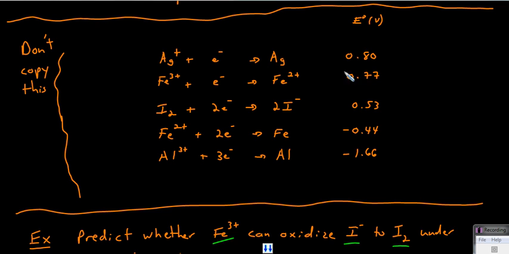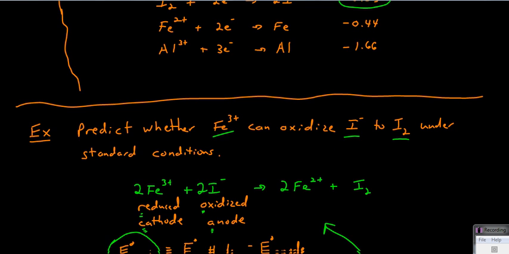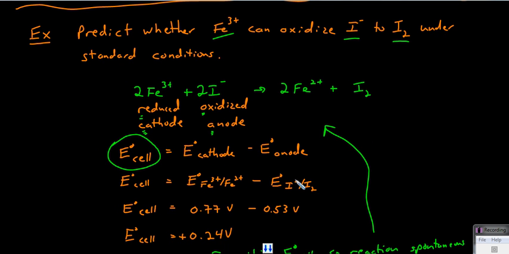So iron 3 has a standard reduction potential of 0.77 volts, and iodine has a standard reduction potential of 0.53, but you are actually going to be using this exact value in your calculation. Really here, it's not the standard reduction potential of iodide we're using, but of the iodine, the thing that is reduced.